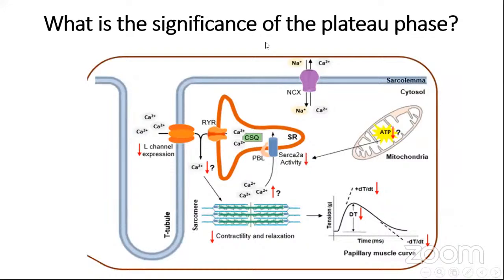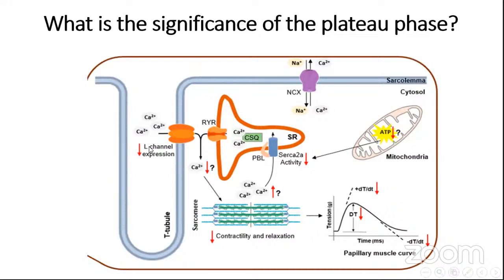It prolongs the systolic phase to give the heart time for emptying. Okay, so how's that? The L-type calcium channels are located in the T-tubule penetrating the cell, close to the sarcoplasmic reticulum.